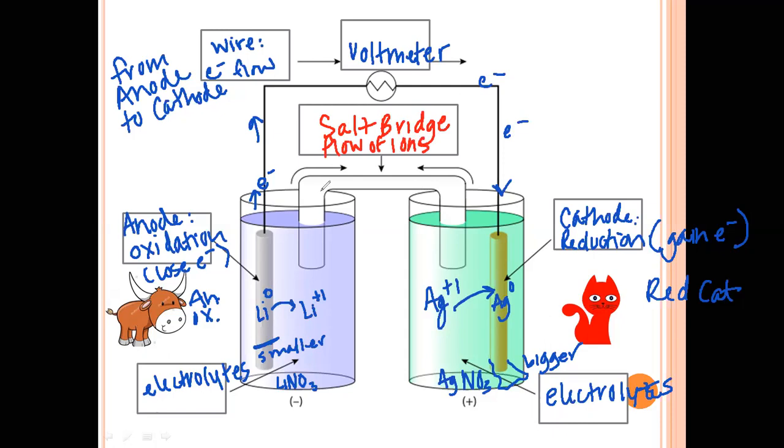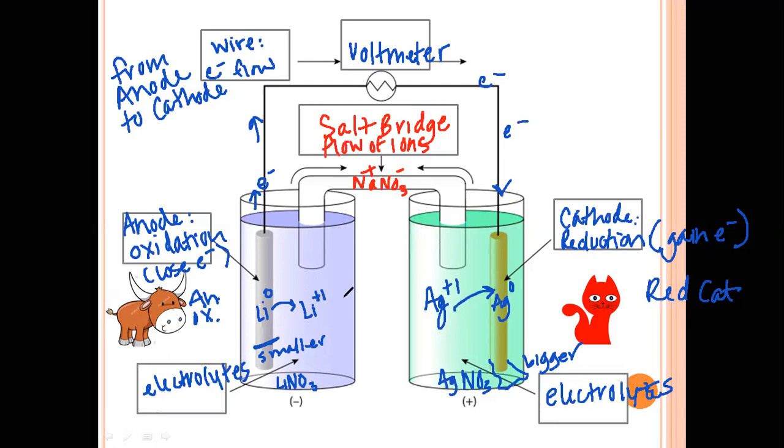Okay, so let's take a peek over here. We would have something like NaNO3 in solution. And remember, when NaNO3 is in solution, since it's an electrolyte, it's going to dissociate into Na plus and NO3 minus. Okay, so over on the left-hand side for the anode, since we're going from lithium metal to lithium ion, Li0 to Li plus, we got oxidized.